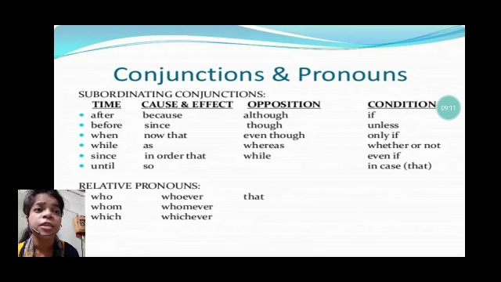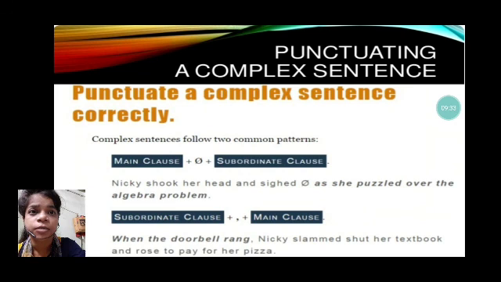For opposition: although, though, even though. For condition: if, only if, whether, unless. And some relative pronouns: who, whom, which, whoever, whomever, whichever, that. This is a list. You can note down this list for further use. These are the conjunctions and pronouns used for joining any subordinate clause with a main clause.